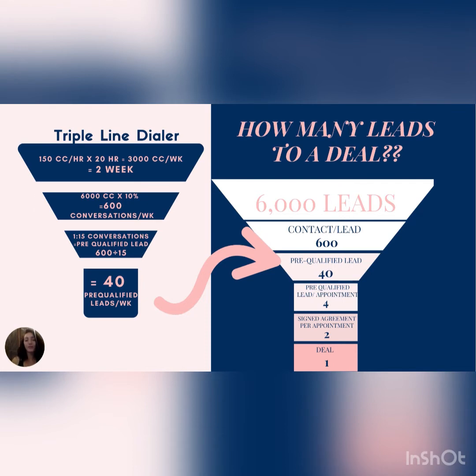Calling 150 phone numbers 20 hours a week meant that we were calling 3,000 numbers per week, okay? Which means that if we continue to do this, it's going to take us 2 weeks to contact all 6,000 of our leads, okay? So with that being said, we know that there's going to be some different data measurements in there. So if we're contacting 6,000 leads and we have a 10% contact ratio, then we're only getting in contact with 600 of them.